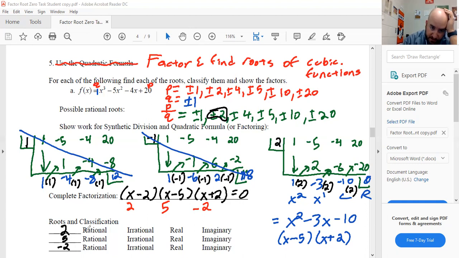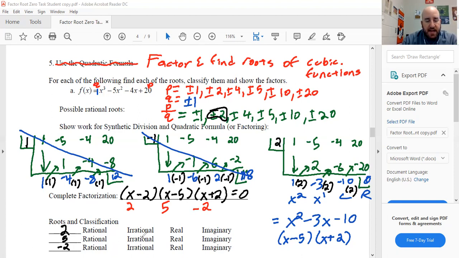So I've got my three factors and my three roots. As y'all are writing this in your notebook, you can write roots and classification, the complete factorization if you haven't, and the three numbers. You don't have to write all these columns and then circle.